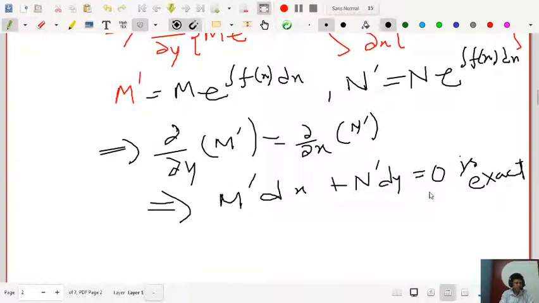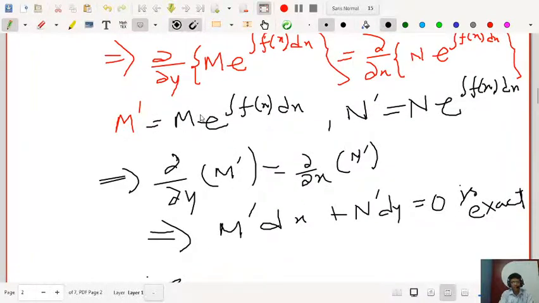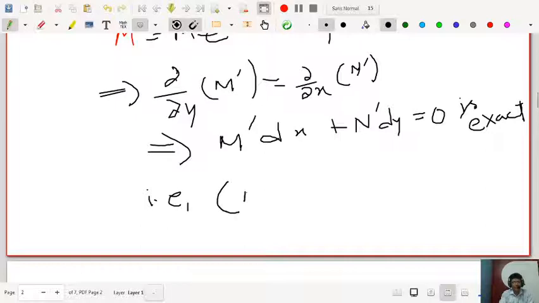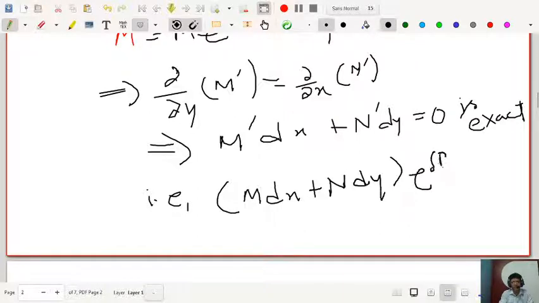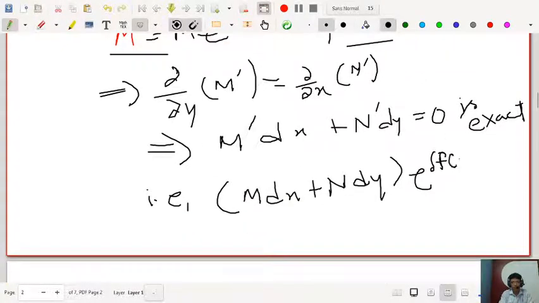So what is your M dashed, you can substitute that and see that (M dx plus N dy) into e to the power integration f(x) dx, just replacing the values of M dashed and N dashed in the equation, equal to 0, satisfies the condition of exactness.